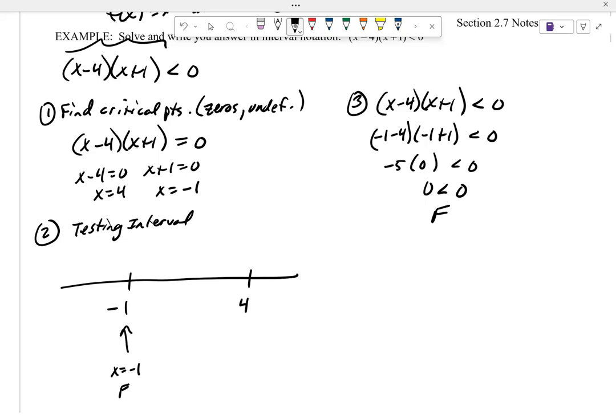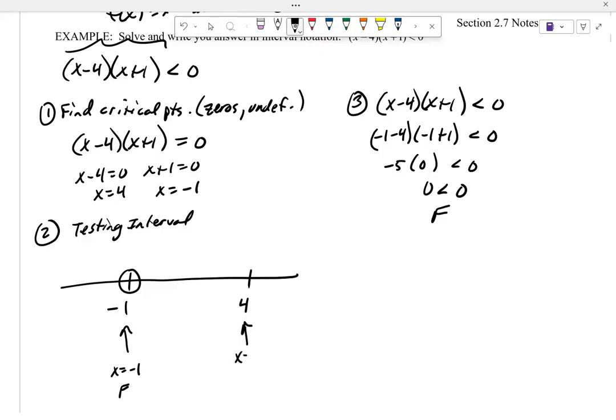No, it's not. So I'm going to leave that as an open, meaning I'm not going to include x being -1 as part of my solution. That's where that quadratic hits the x-axis, right? So we want to be less than 0. We want to be below the x-axis. So I'm not going to include that.